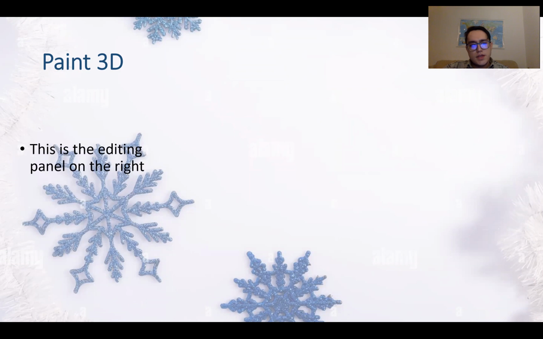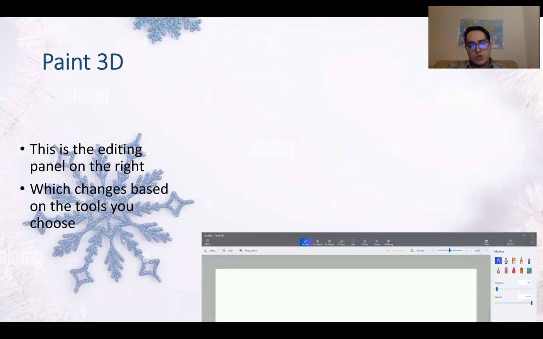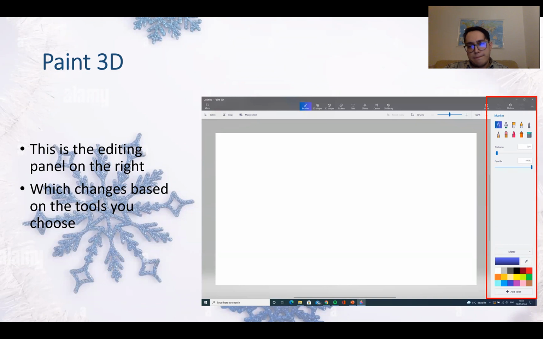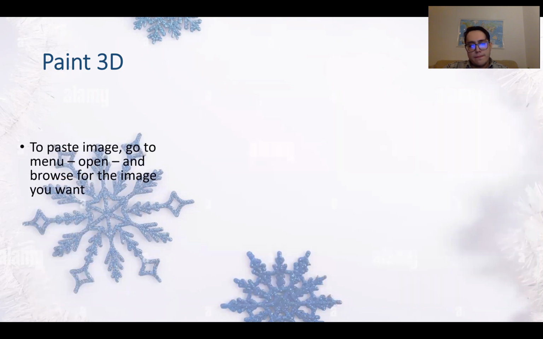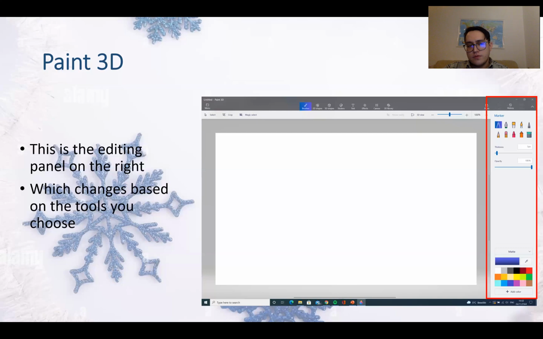This is the editing panel on the right, which changes based on the tools you choose. So take a look here before I move on. So this changes based on what tool you choose up here, and basically is extra editing options for those main tools.